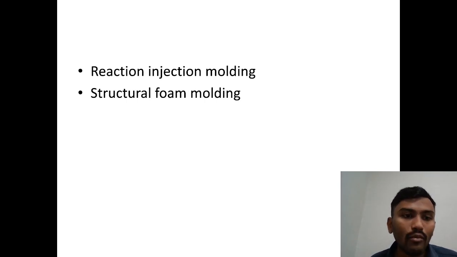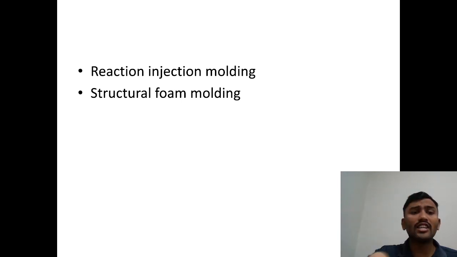Now, in injection molding, again there will be two types. One is reaction injection molding, and another is structural foam molding.